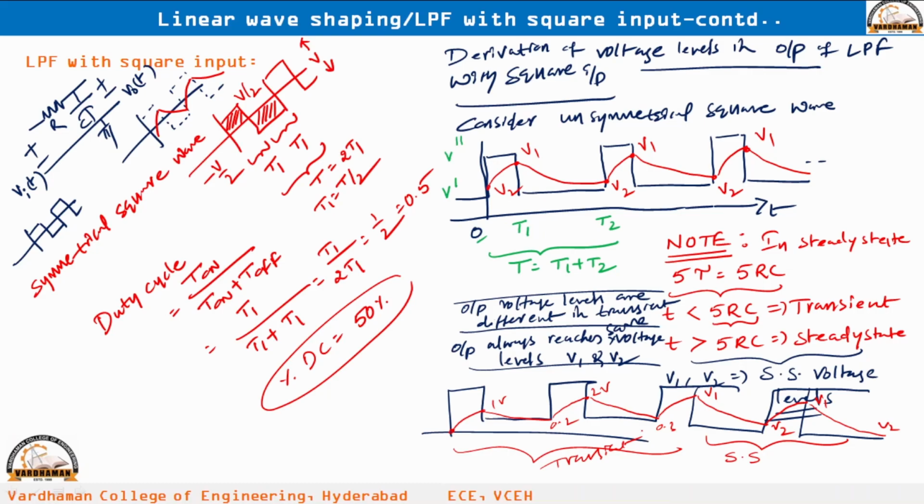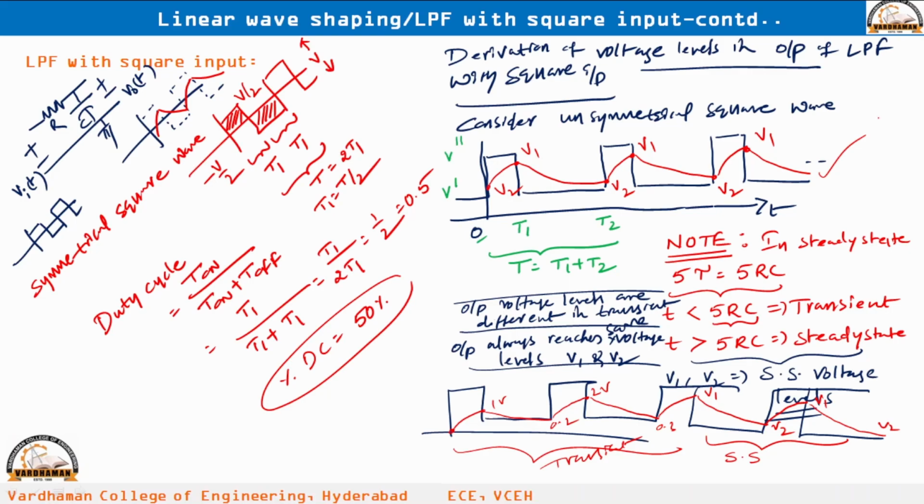Why I am telling this is that there are some problems in the textbook, so you need to know this analysis. They may ask a question like this: find the steady state voltage levels of the output of a low pass filter with the given square input. If they have mentioned steady state, you need to do the analysis like this only.